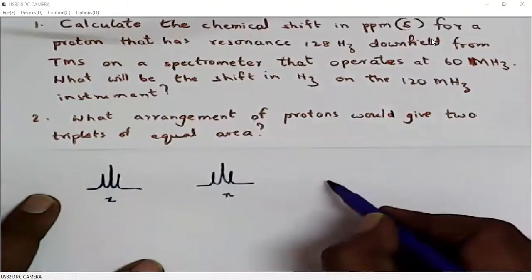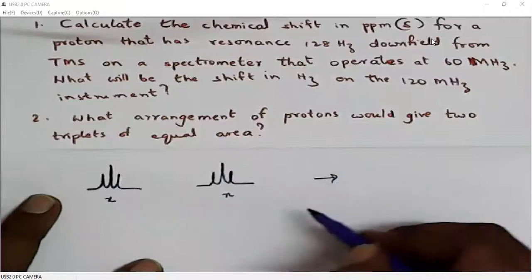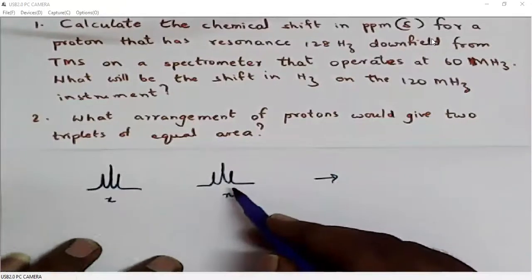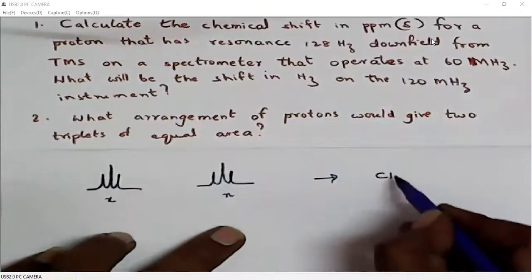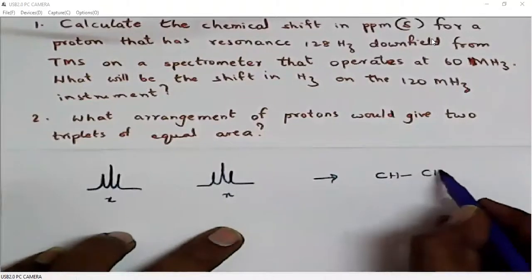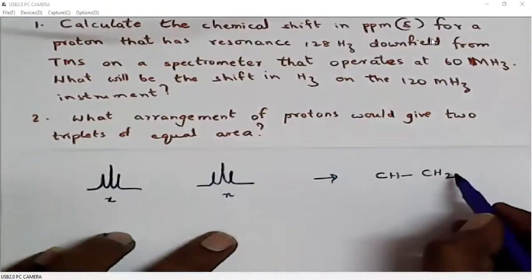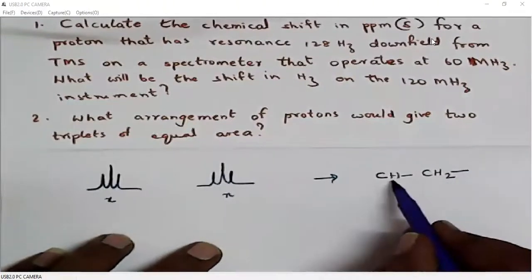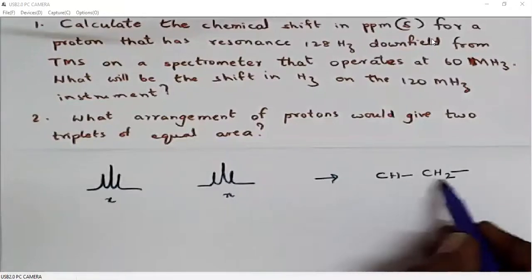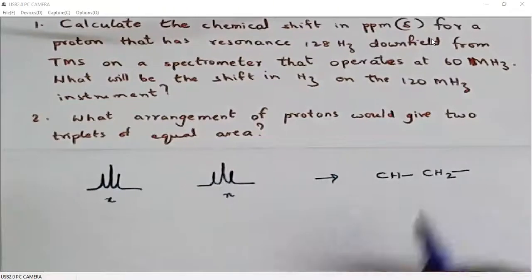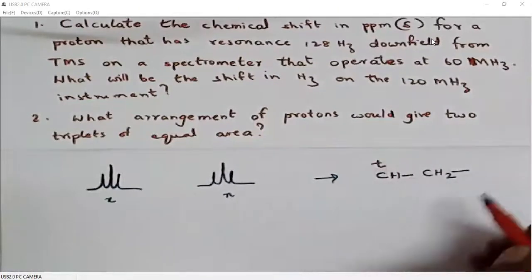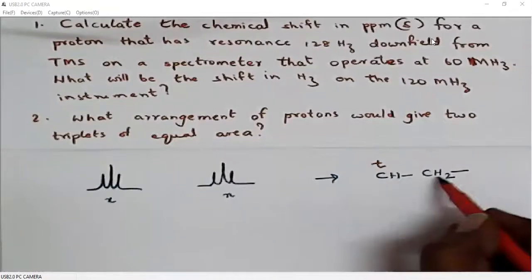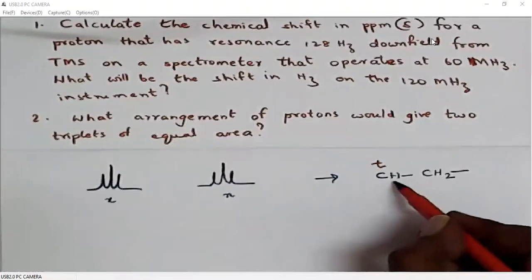We know that a triplet will arise when we have two hydrogens on an alpha carbon. For example, this proton has two alpha protons, so it gives a triplet. But for this one, we will get a doublet because it has only one alpha proton.